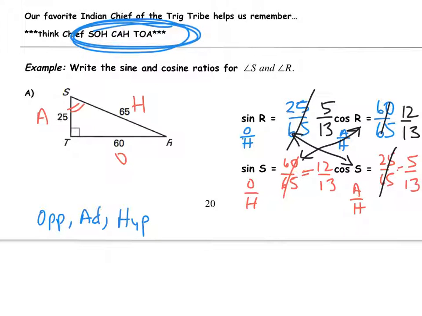Okay, so it makes perfect sense. All right? So notice the other thing, too, is that the denominator on all of our sines and cosines is always the same number. And the reason is it's always the hypotenuse. That's why. Okay, whereas tangent, it can change depending on which one's the opposite or adjacent.